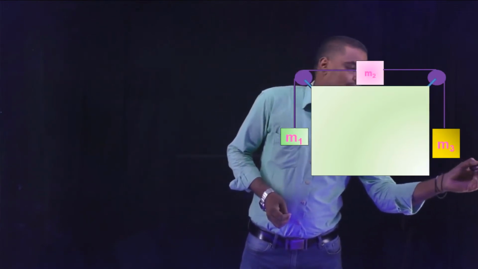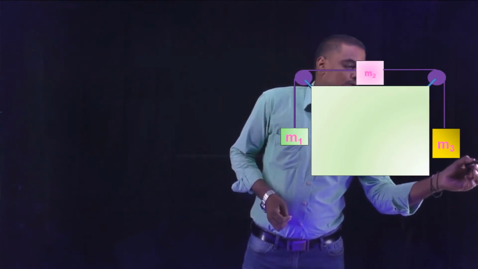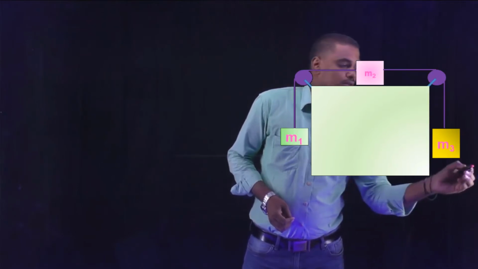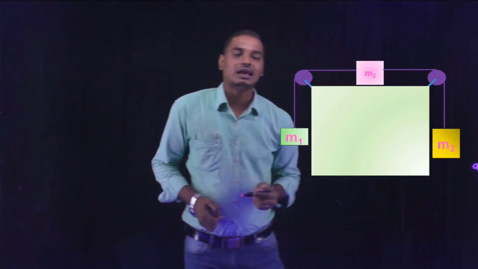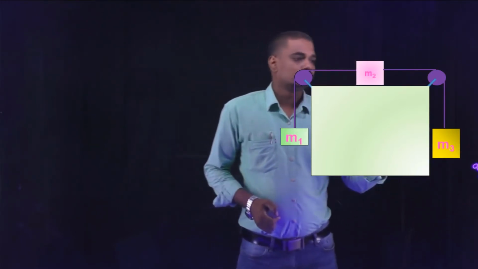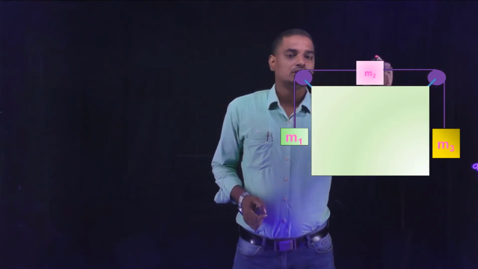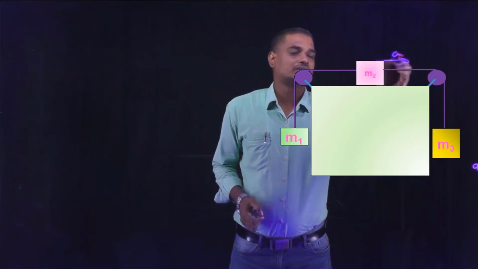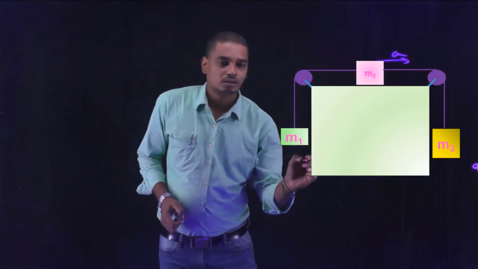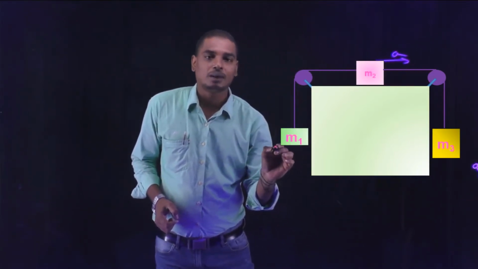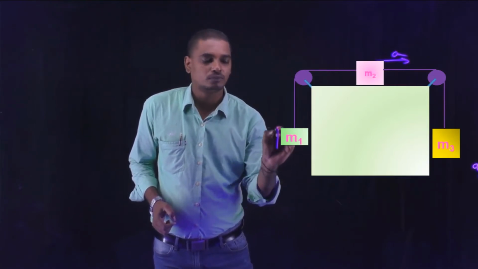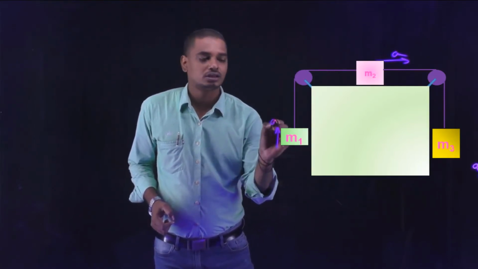Let the acceleration of the block be A. The block M2 is also moving in this direction with the same acceleration A, and the block M1 is moving upwards with an acceleration of A.